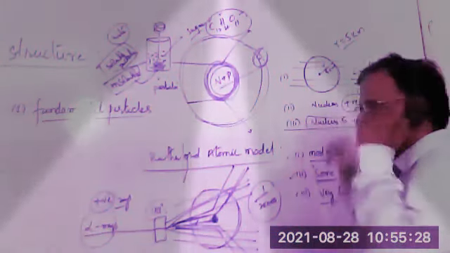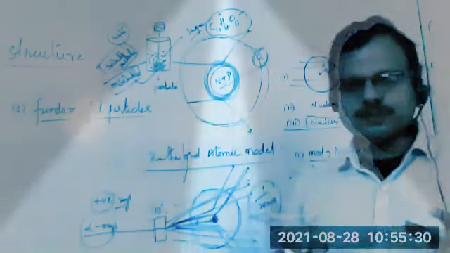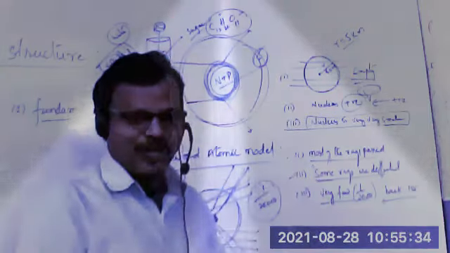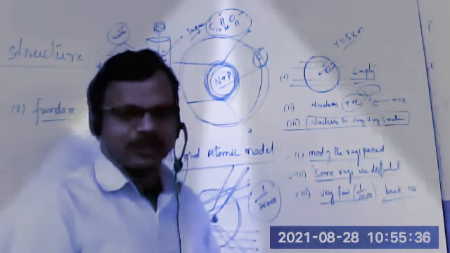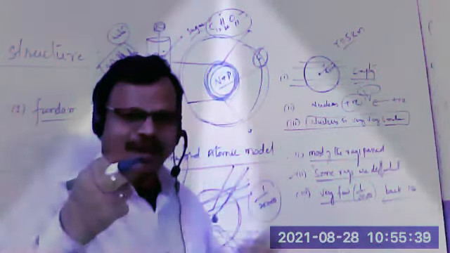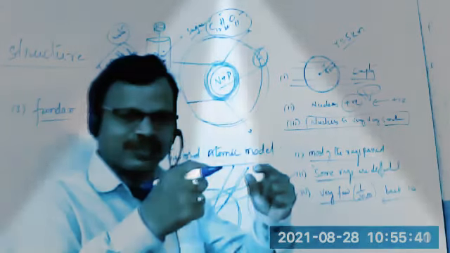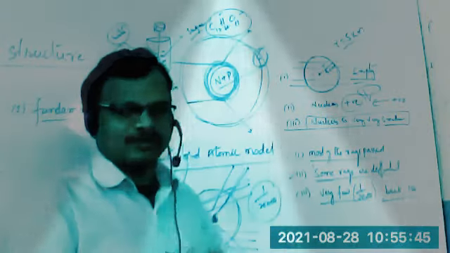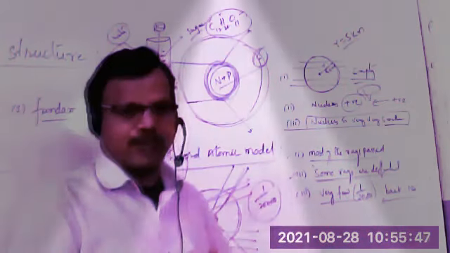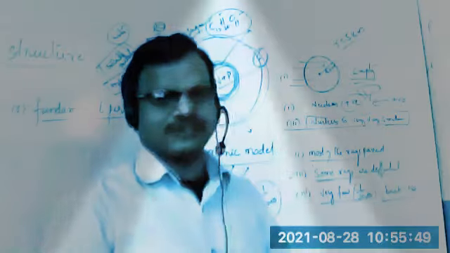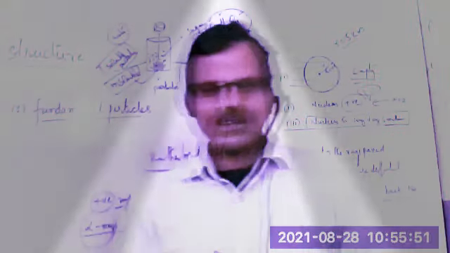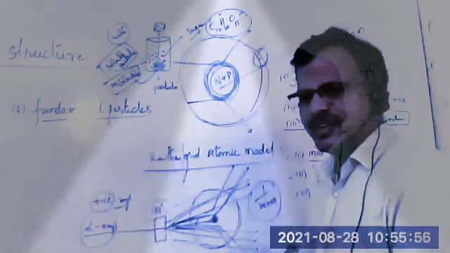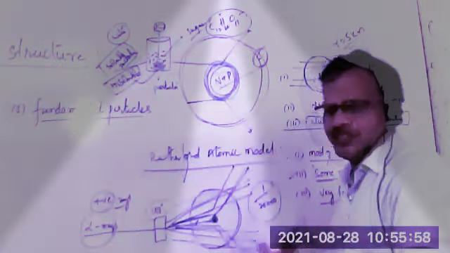And you know already both are positive, the rays are positive and the nucleus is also positive. Therefore, there is a repulsion between the alpha ray and the nucleus, isn't it? So this is the location of fundamental particles in an atom. Based on our own explanation, it is suitable to our theory.